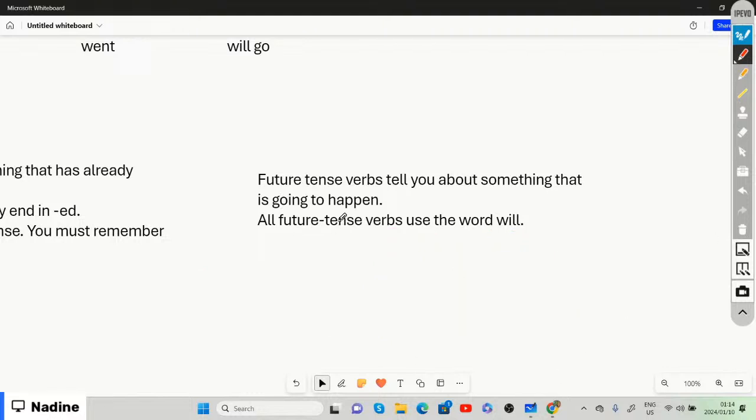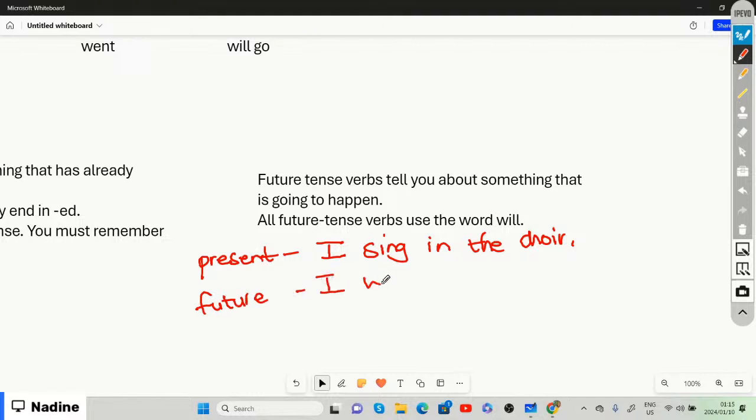Even if, let's say, I sing in the choir. A sentence in the present tense, I sing in the choir. But in the future tense, we can say I will sing in the choir. And there we have will.